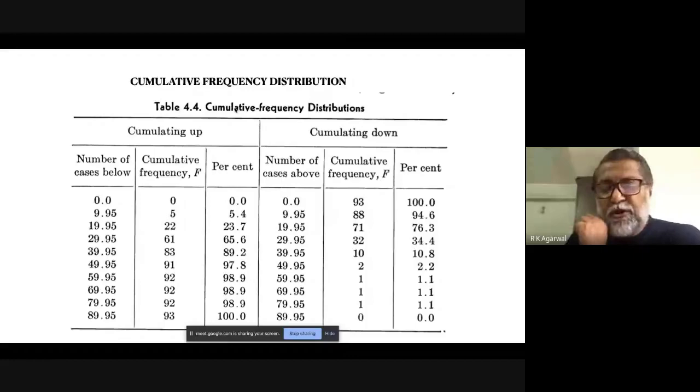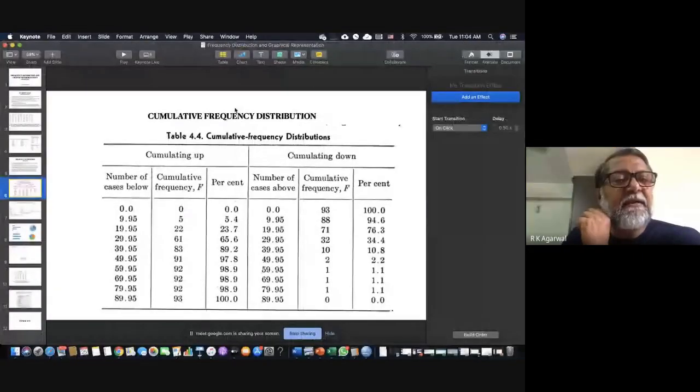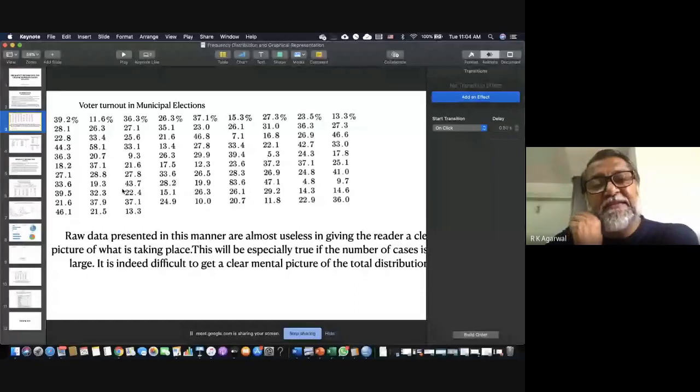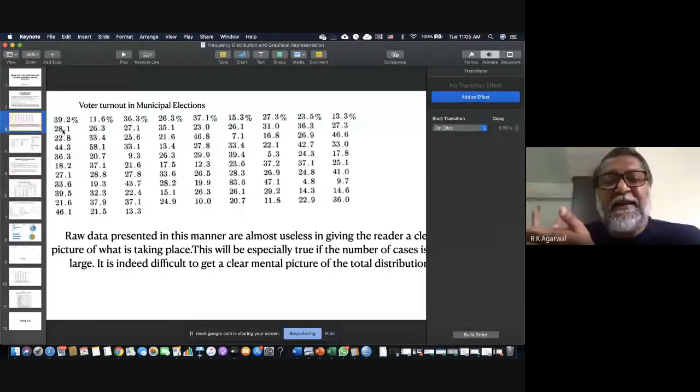Here, for example, there are 93 values and you have to first arrange them in ascending order, and then count how many times a certain value has occurred. Say for example, 28.1 may have occurred 2 times or 3 times.